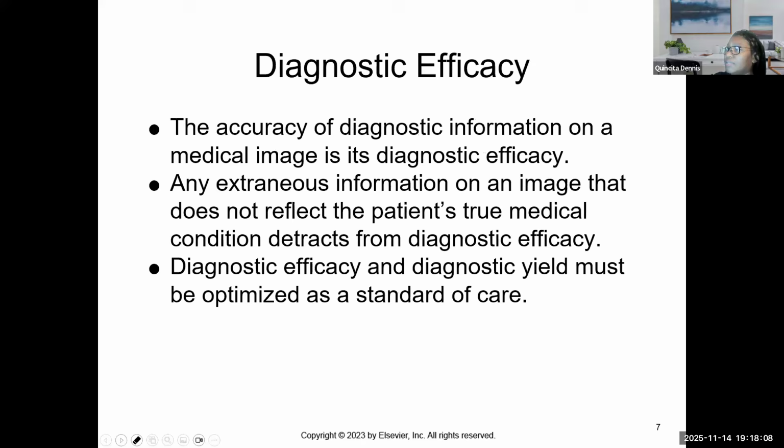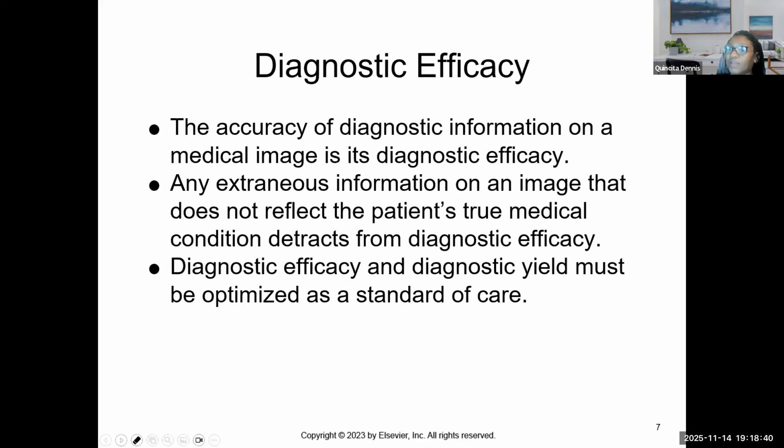All right, diagnostic yield and diagnostic efficacy, they kind of go hand in hand, because with the efficacy, we know we need information. Now we need to know the image that I took, is it accurate enough to get the information that we need? So diagnostic efficacy is making sure that everything that is supposed to be within that particular image is there.